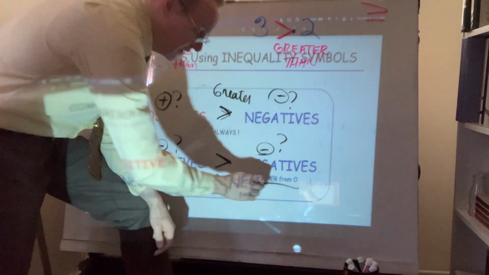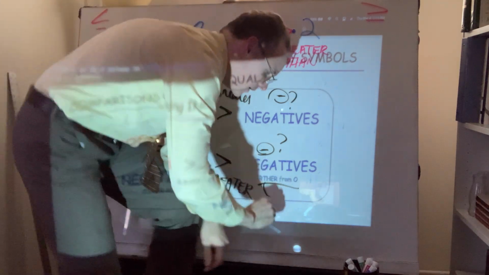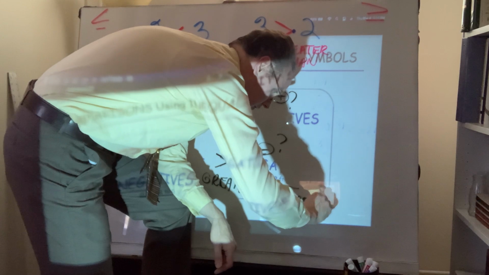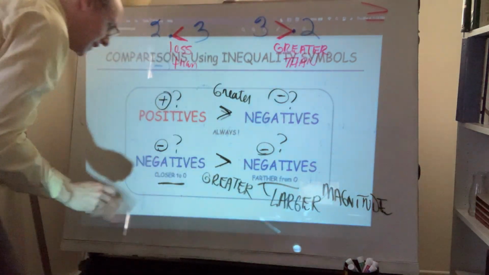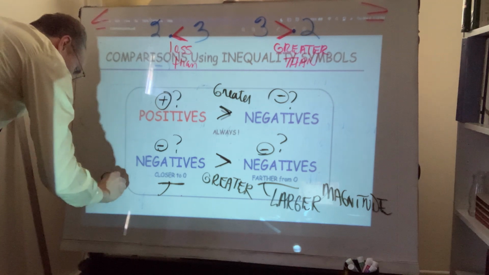That means these are going to have larger magnitude, meaning their distance from 0 is going to be greater. But nonetheless, this is going to have smaller magnitude.